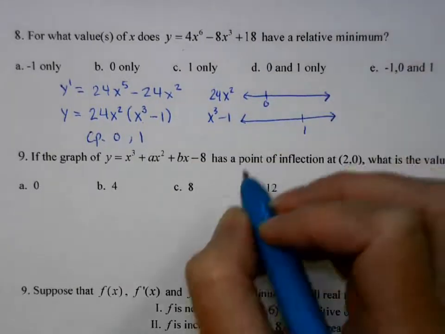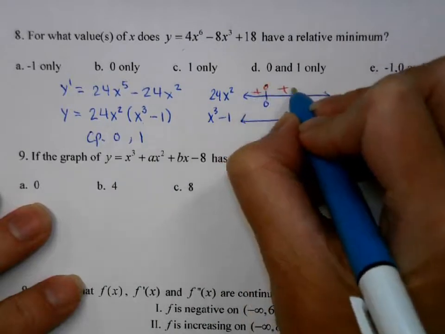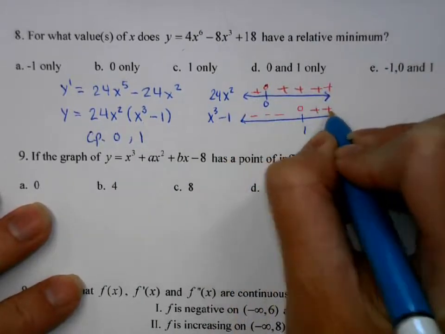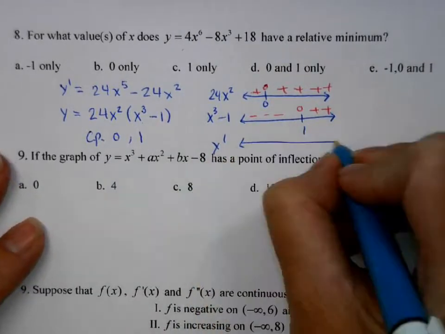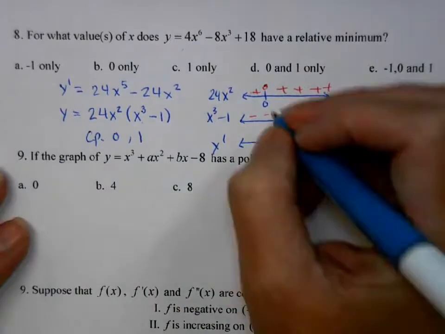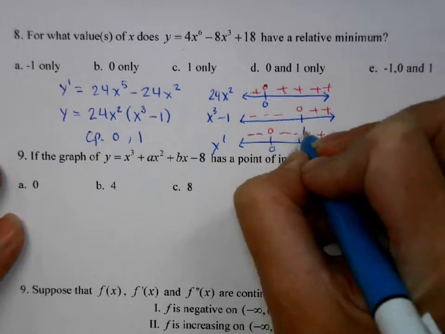This one's going to go from negative to positive, which means our first derivative is going to be negative, negative, positive. So our only relative min, decreasing to increasing, happens at 1.